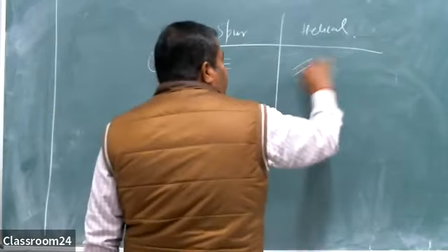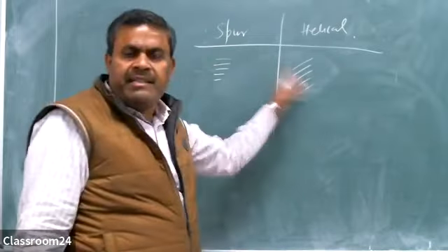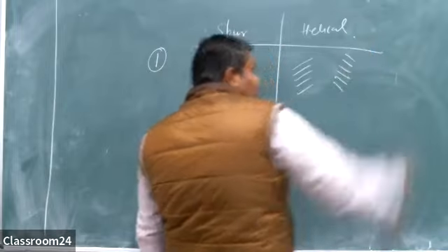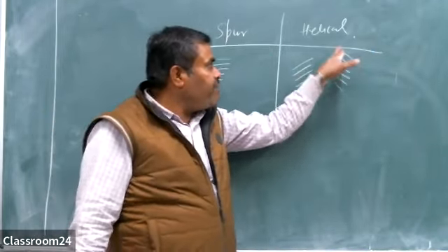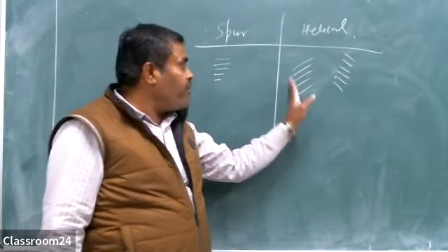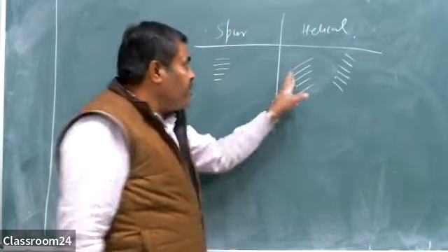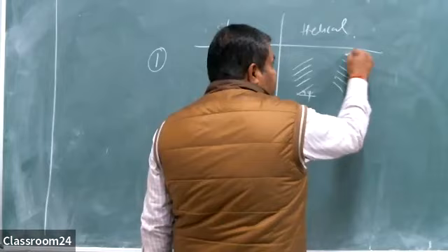Here the teeth are inclined. First difference: teeth are parallel to the axis of the shaft in spur gear, while in helical gear teeth are inclined. Teeth may be inclined from left to right, or from right to left, or bottom to top, or top to bottom. This is the direction of the teeth. In this case this angle is psi, and in this case this angle is psi.